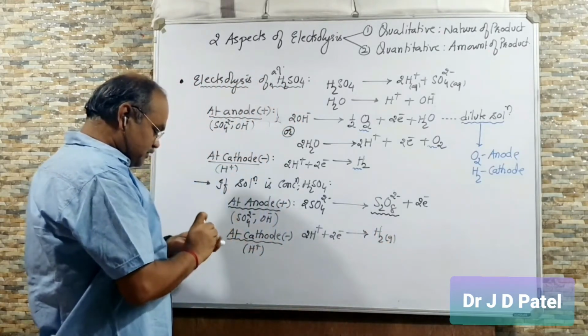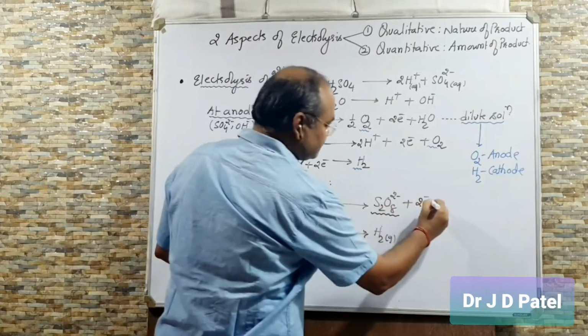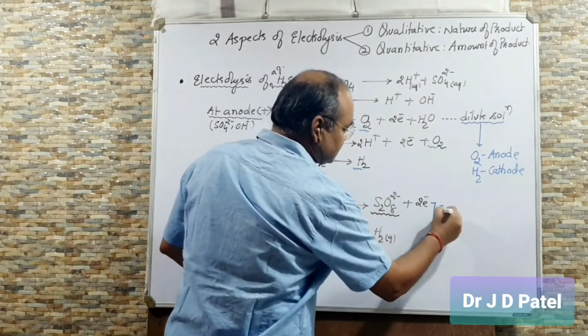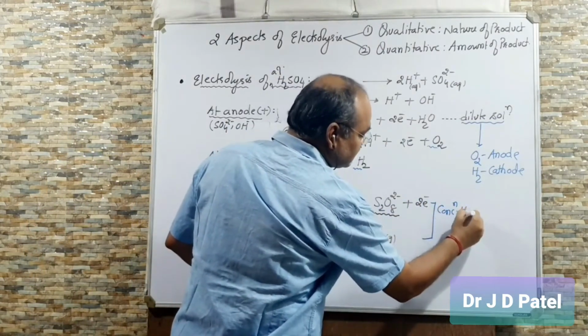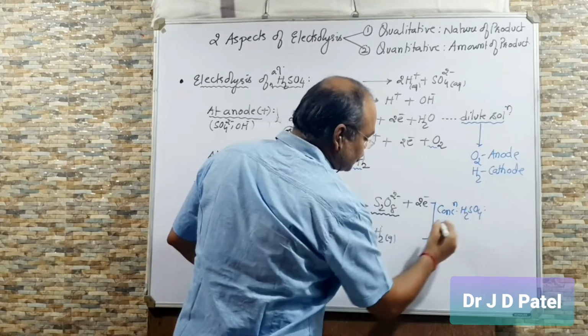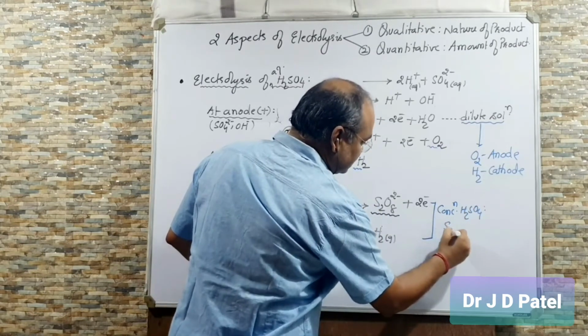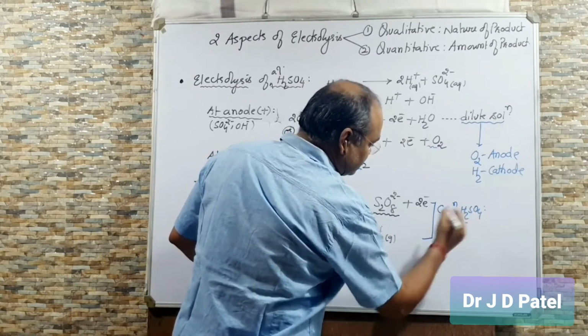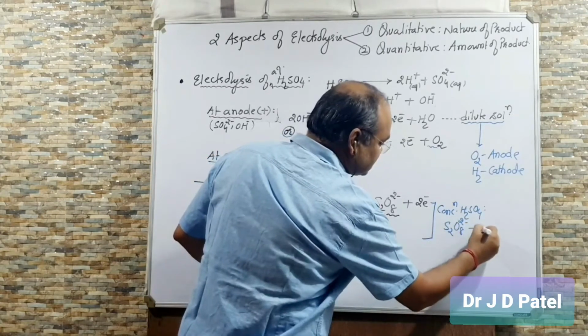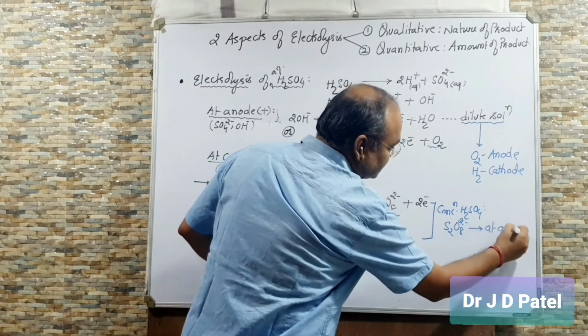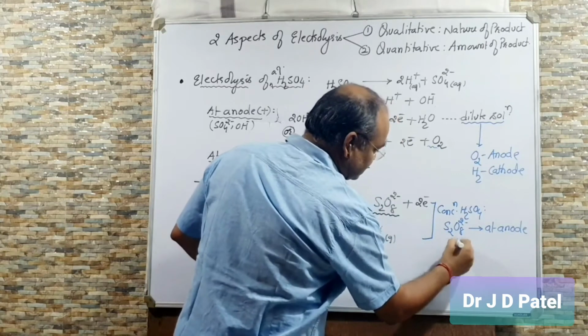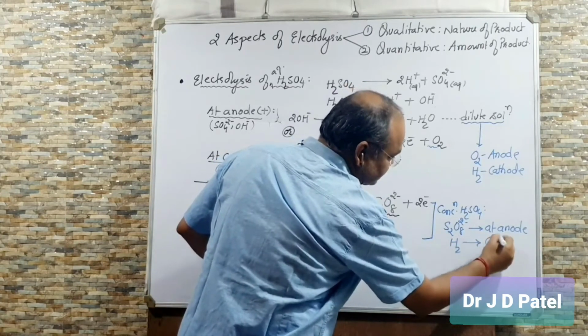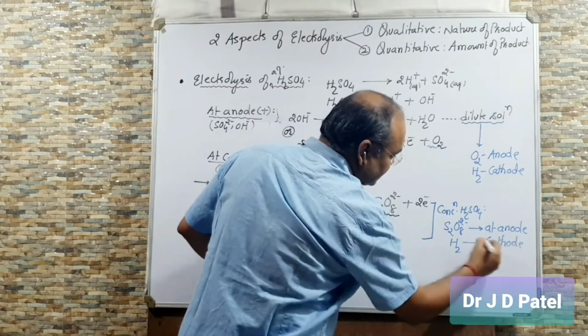So if the solution is concentrated, the products are S2O8 2 minus at anode and H2 gas at cathode.